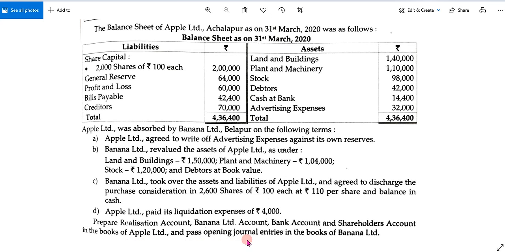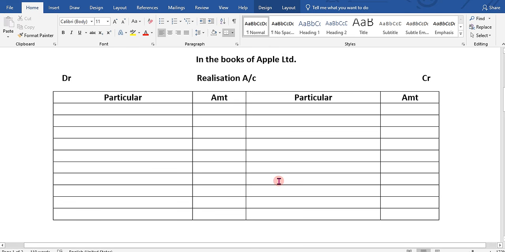Okay, so for absorption, remember one thing: first you have to prepare the statement or calculation of purchase consideration, and the remaining accounts like realization account, purchasing company account, bank account and equity shareholders account you have to prepare as per the requirement of the question. So in this question we have to prepare realization account, equity shareholders account, bank account and Banana Limited account.